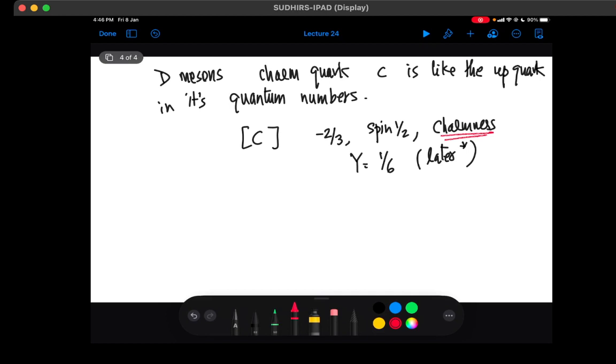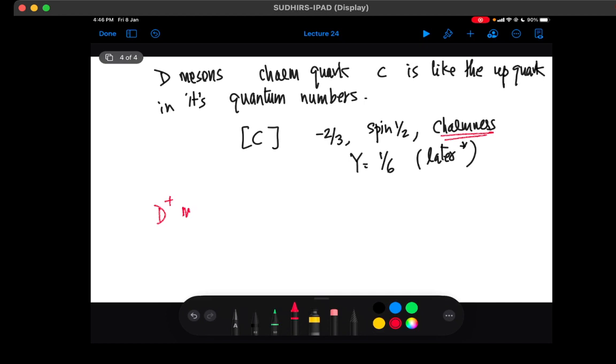So if you want to form, for example, a D plus meson, this would be C D bar.